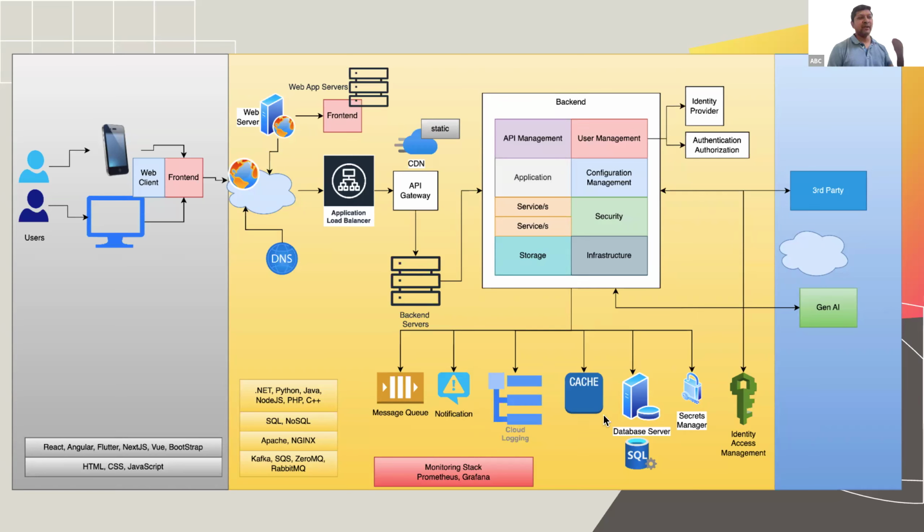There could be logging, there could be cache, and there could be something like secrets manager where your application and your infrastructure has to keep some passwords, very application specific passwords, system specific passwords, or any codes and secrets. They are kept in this.